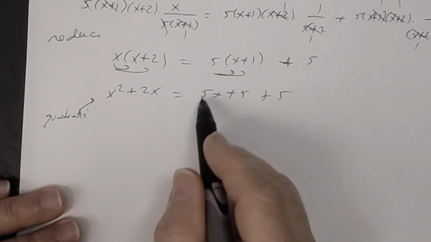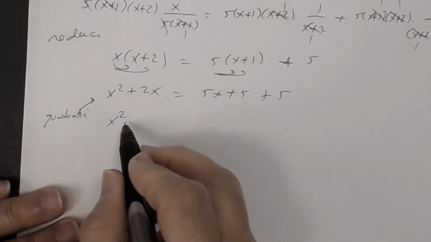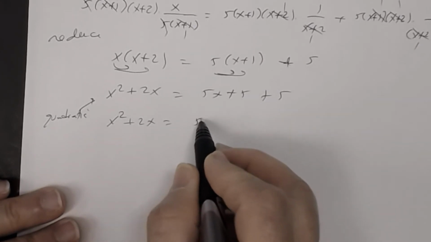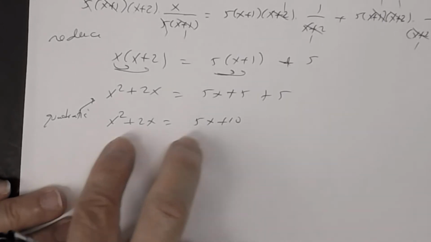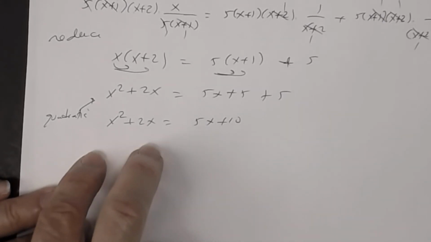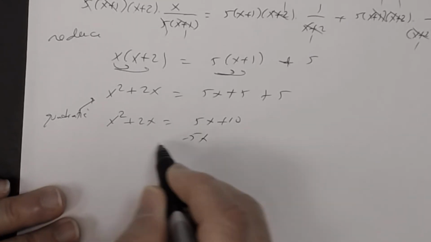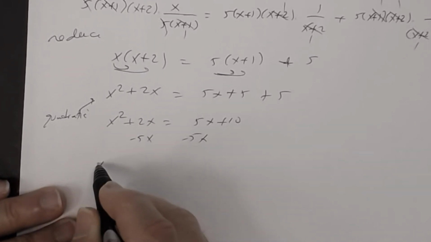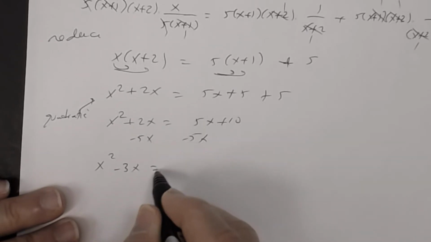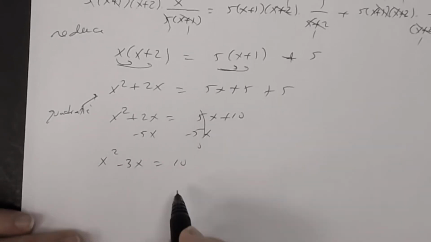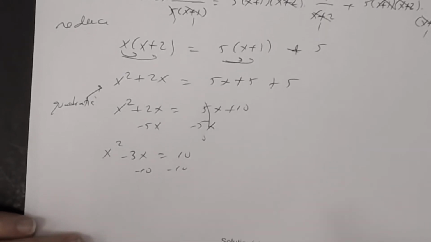So before I do that, let's combine like terms on this side. So I get x squared plus 2x equal 5x plus 10. Now let's bring all the terms to one side. So we got to put this in standard form. So I'm going to subtract 5x from both sides first. So I get x squared, 2x and a negative 5x is a negative 3x equal 10. And I'll subtract 10 from both sides, just like that.